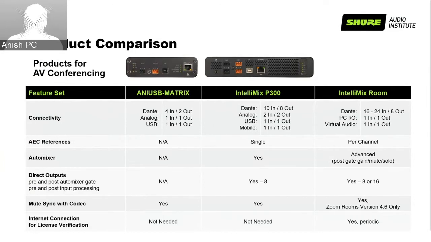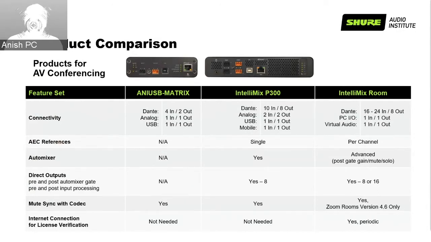IMX room has 16 or 24 channel Dante inputs and 8 Dante outputs. The PC in-out has 1 input and output, and it includes 1 virtual audio driver with 1 input and 1 output. If you look at the AEC reference, the ANI USB does not support an AEC reference.